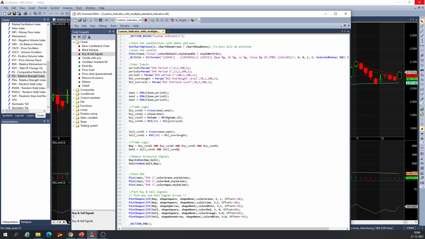For instance, you can basically use something called fractals in order to add more filters to your trade logic, mainly on the buy side or the sell side. So fractals is one way by which you can detect reversals.